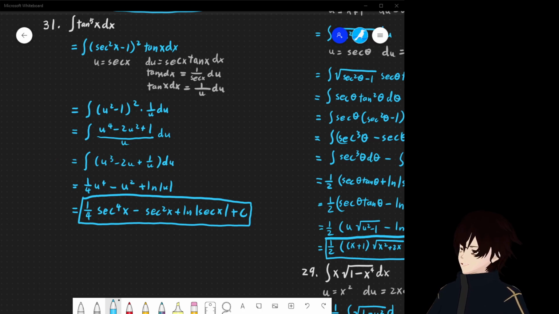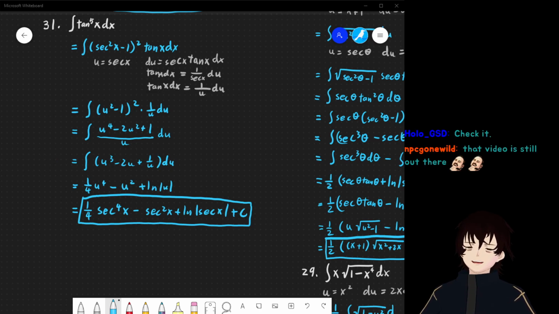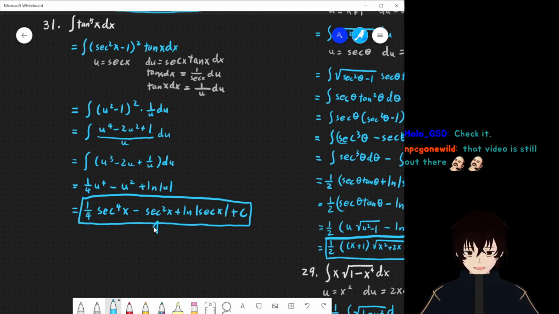Oh my god. Wait. No. Something's wrong. I thought I figured something out. This is not supposed to be secant squared. In the answer, it's tangent squared x. So now it's time to figure out how they got to that.